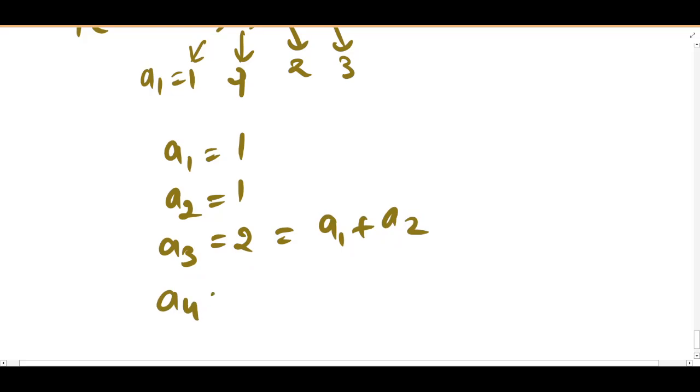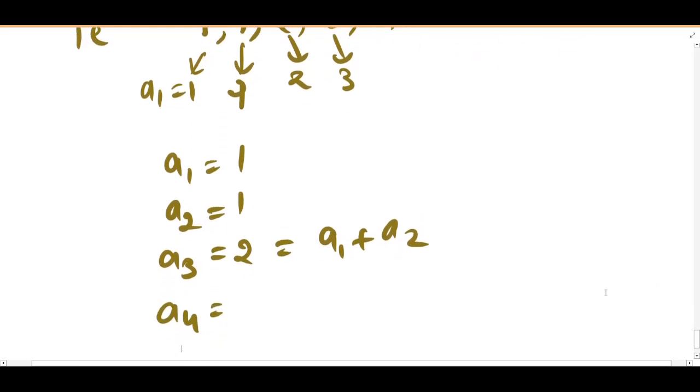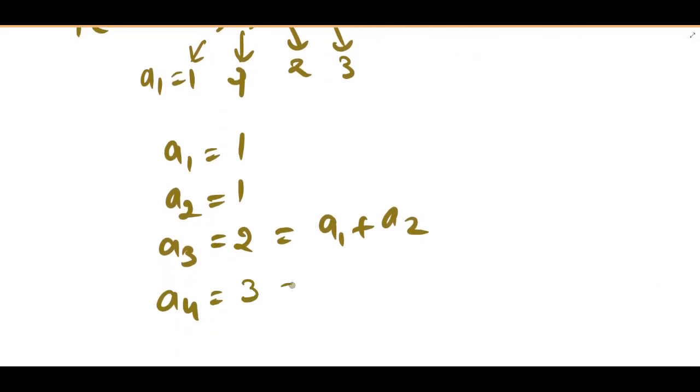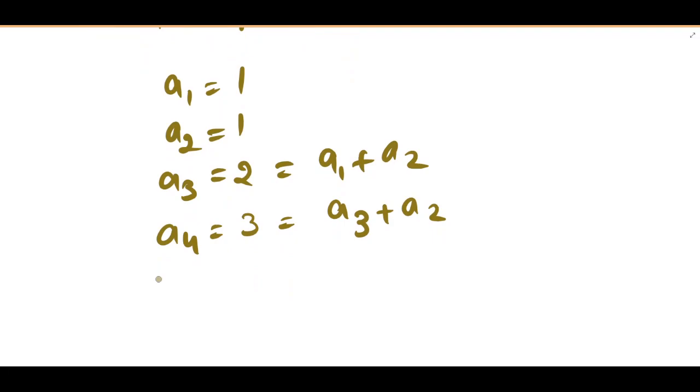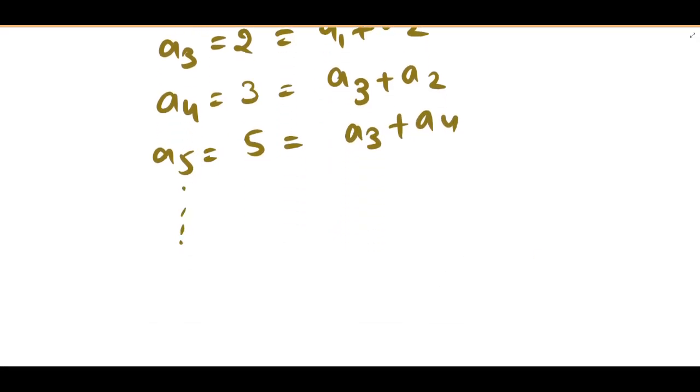Like a4, which is equal to 3, is equal to a3 plus a2, and a5 is equal to 5, which is equal to a3 plus a4. So if it goes up to n, then it will be equal to a(n-2) plus a(n-1).